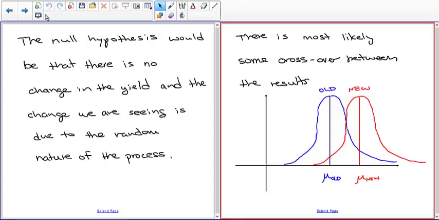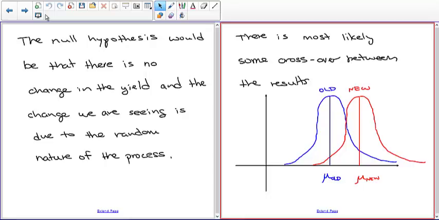And then you've got the new process, which also has a mean, and there's a distribution around that. And even though there's an overlap between the two results, that doesn't mean they can't be statistically significant. Obviously, the further away the means are, the more likely it is that there's a statistically significant difference.